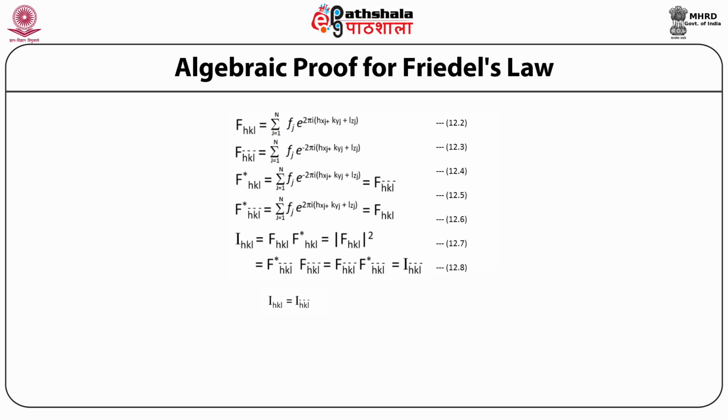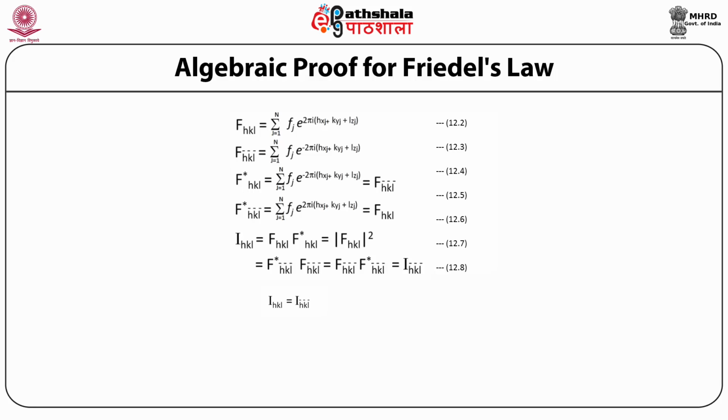Therefore, F star of HKL is nothing but, from 12.2, instead of i you put minus i. So F star of HKL becomes summation over little j equal to 1 to n fj e power minus 2 pi i times (hxj plus kyj plus lzj). If you look at this new equation 12.4 with equation 12.3 we obtained, this is the same, which means that F star of HKL equals F of h bar, k bar, l bar.